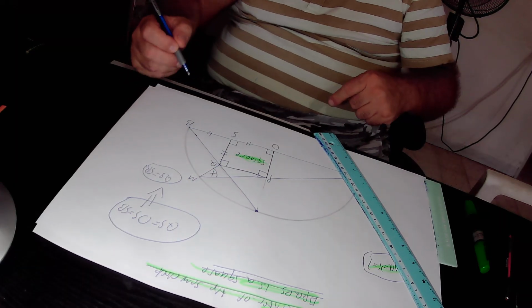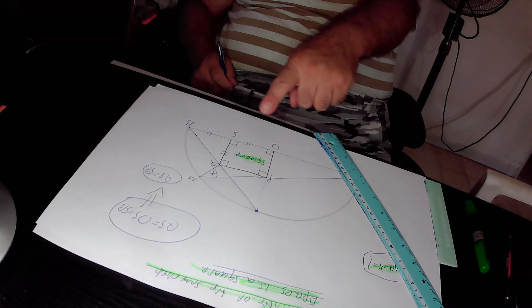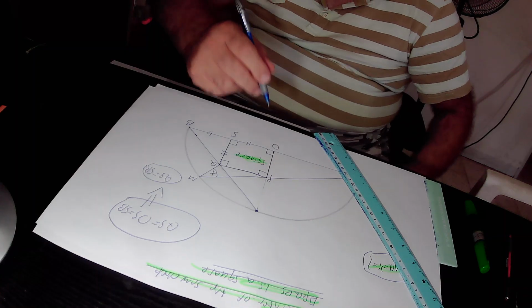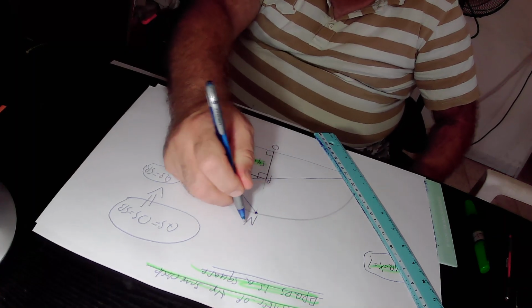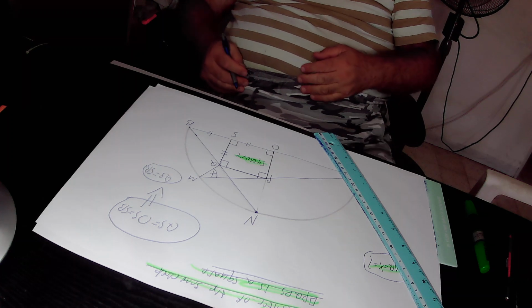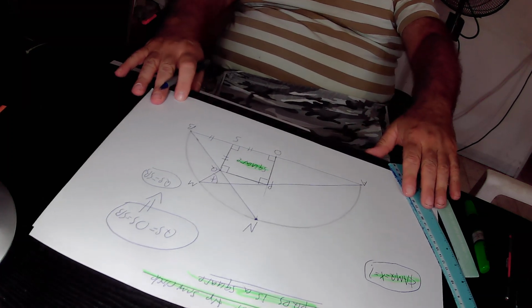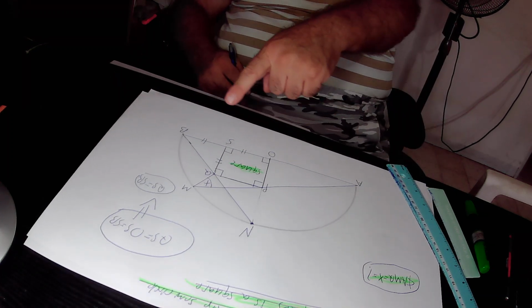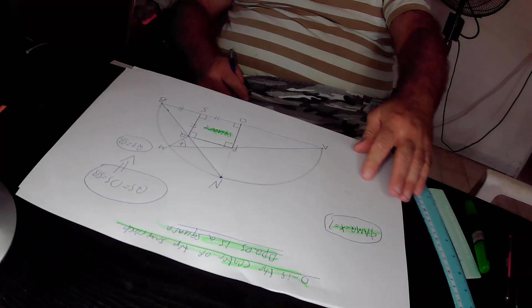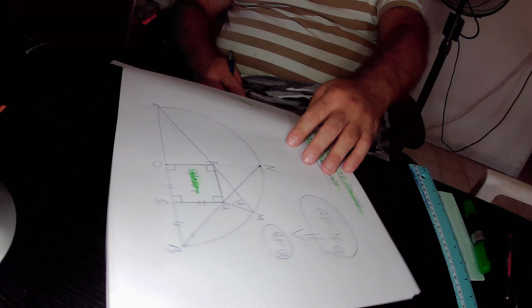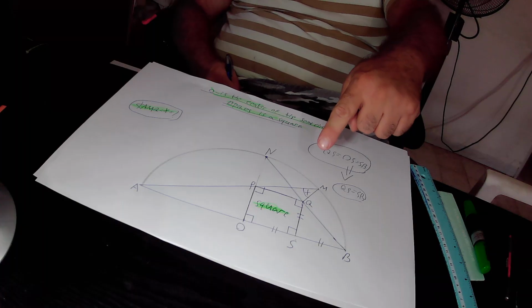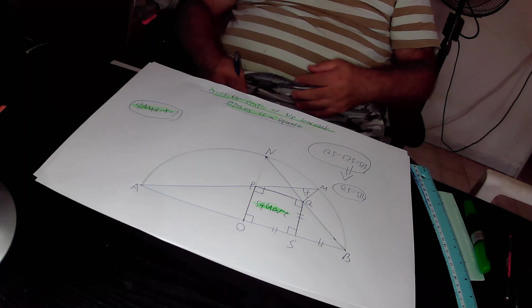And we will define the touching point of the extended line segment BQ with this circle. This point is point N. By doing this construction, we get the right angle QSB. This is the right angle QSB.